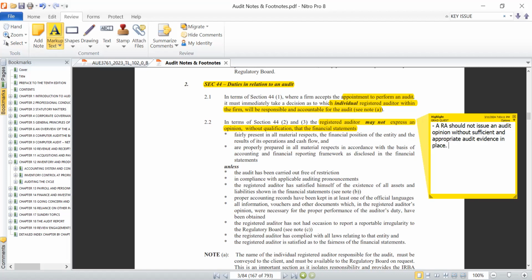That's what they are saying there. As a registered auditor, you may not and you should not express an audit opinion unless you have got sufficient and appropriate audit evidence in place.